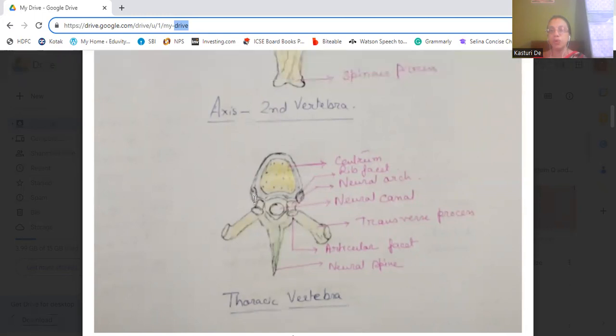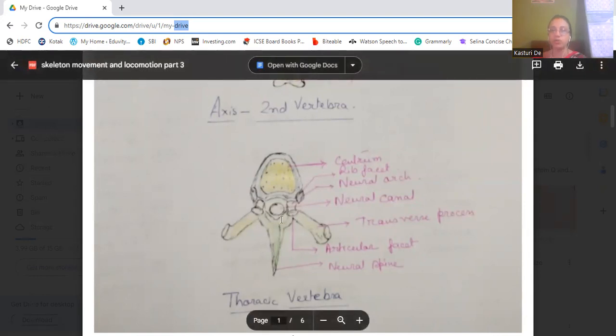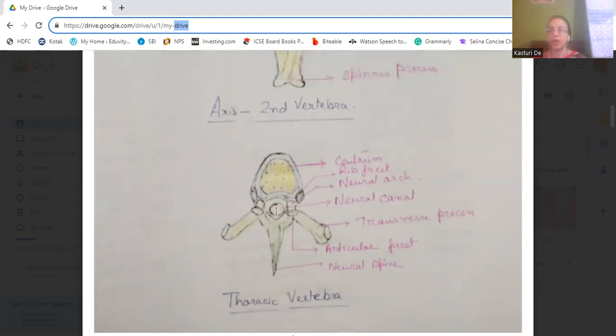These two depressed structures are known as the rib facets, where the ribs get attached. Then the neural arches are just below the rib facet. Then the neural canal, through which again the spinal cord passes.